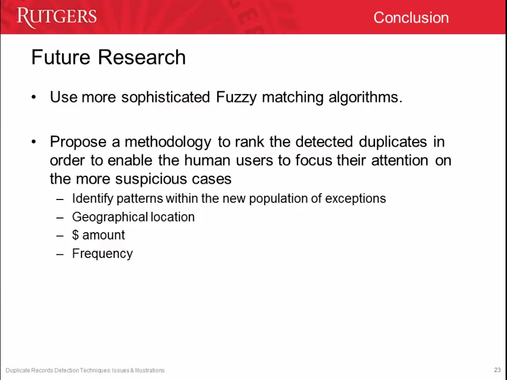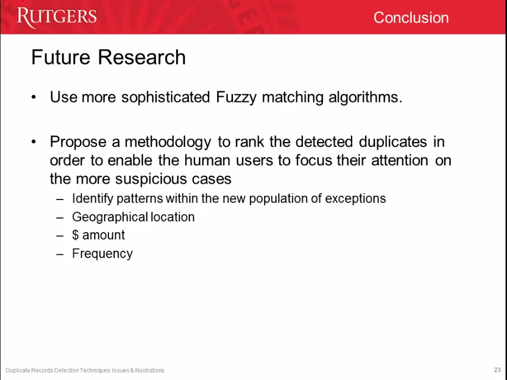For future research, we intend to use more sophisticated algorithms. Instead of using exact matching, we would like to use fuzzy matching, where we would try to identify split payments. Those are payments that were paid in half in order to camouflage the intention of paying duplicates.